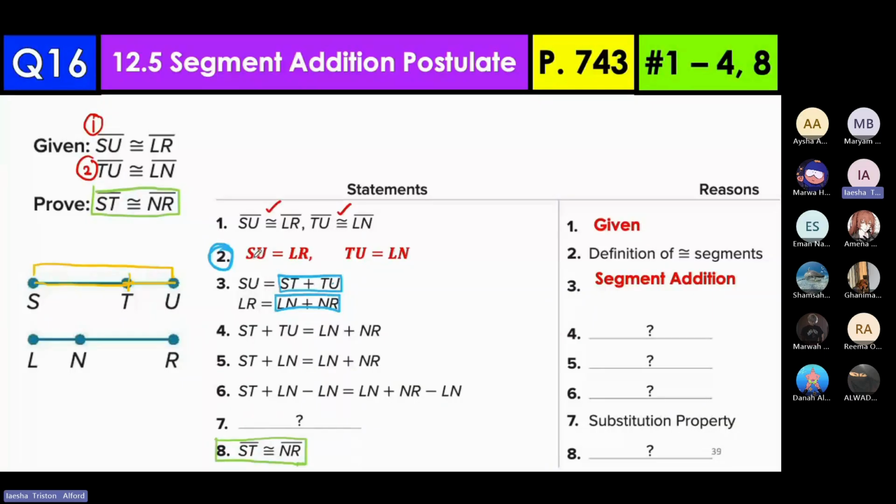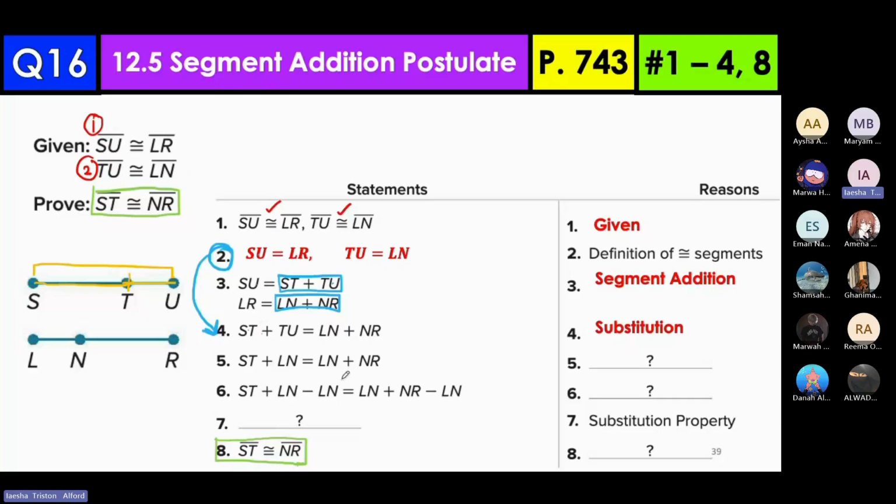So what do you think happened here? They deleted this thing and replaced it. What do we call it when we delete something and replace it with what it is equal to? Substitution.